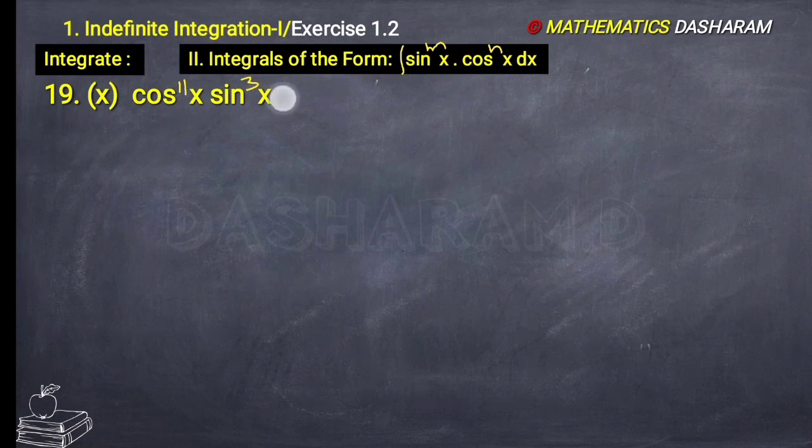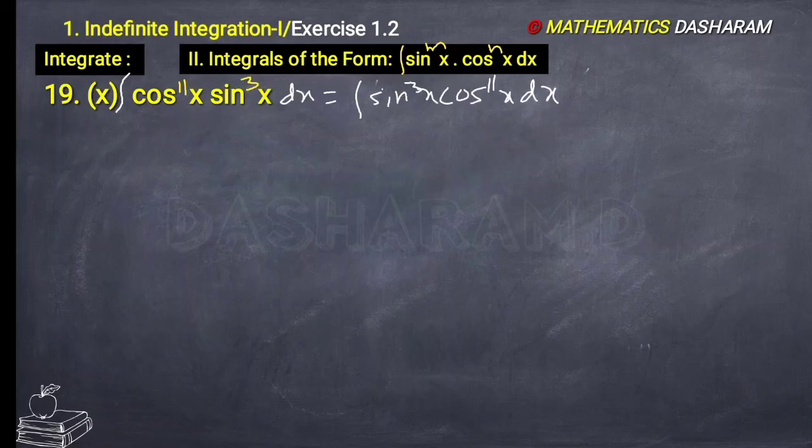10th question: cos to the power of 11x into sin cube x. Here first write sin cube x, next write cos to the power of 11x. Then compare with the form given in the question.